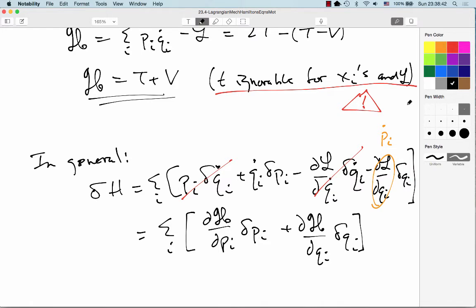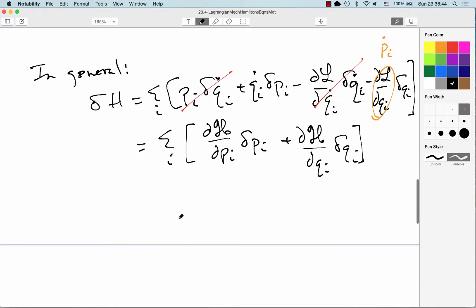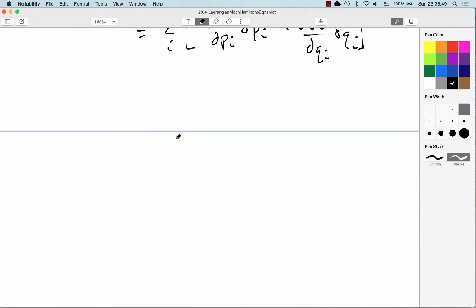Alright, so comparing the terms, what we get are Hamilton's canonical equations of motion.